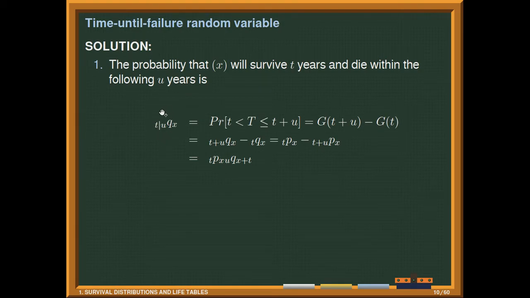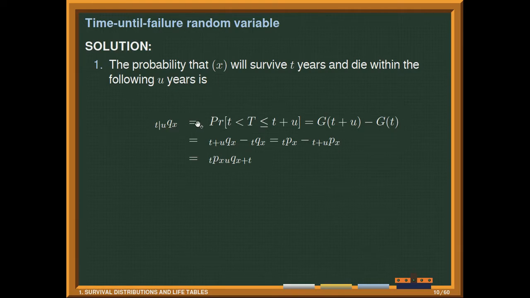This notation here represents the following probability statement: the probability that a person age x will survive the next t years and die within the following u years. Okay?